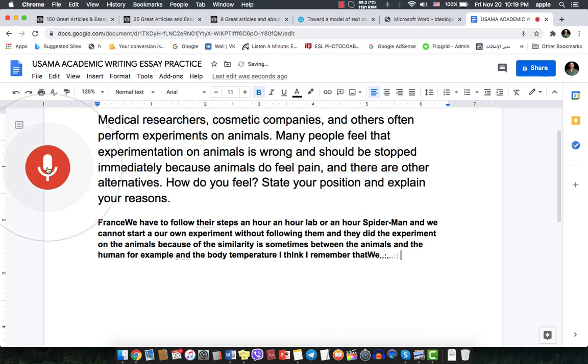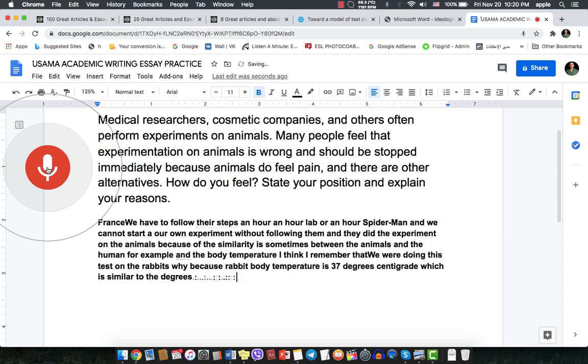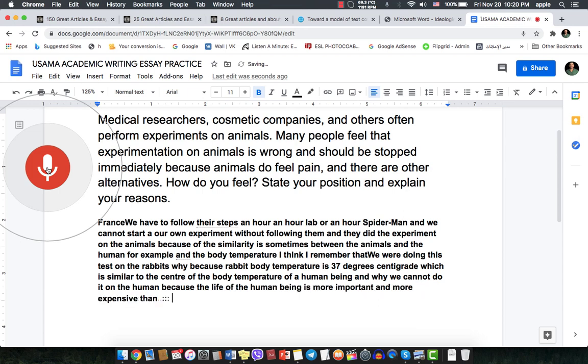We were doing this test on the rabbits. Why? Because rabbit body temperature is 37 degrees centigrade, which is similar to the body temperature of the human being. And why can we not do it on the human? Because the life of the human being is more important and more expensive than the lives of the rabbits.